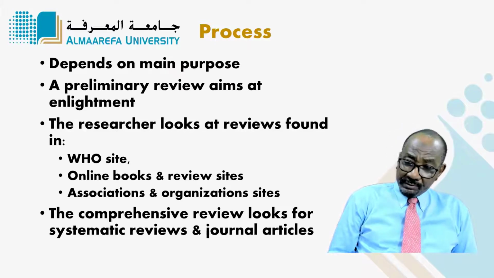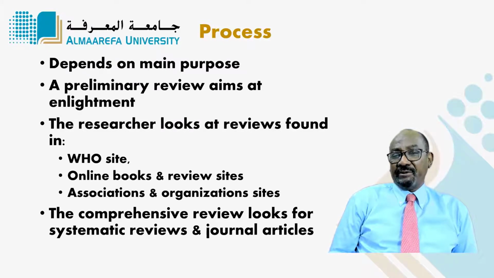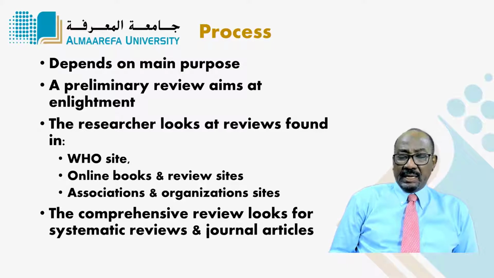But for all of them, you have a preliminary review, which aims at enlightenment. You read because you would like to know more about this topic or an area. So this is for the purpose of enlightenment. If you are now targeting enlightenment, you look at reviews found in the WHO site, for example.